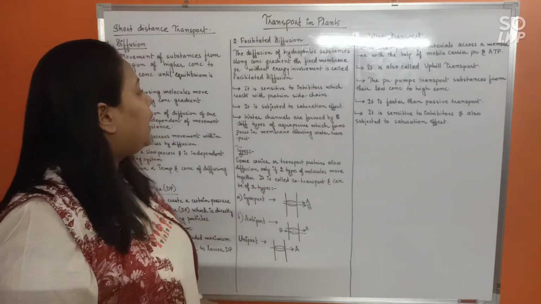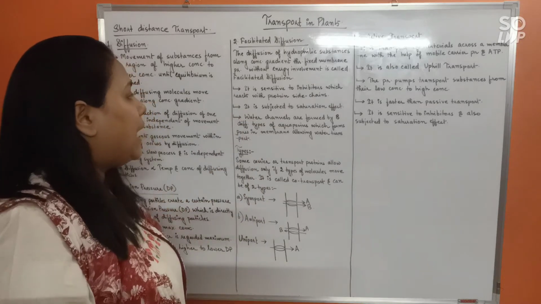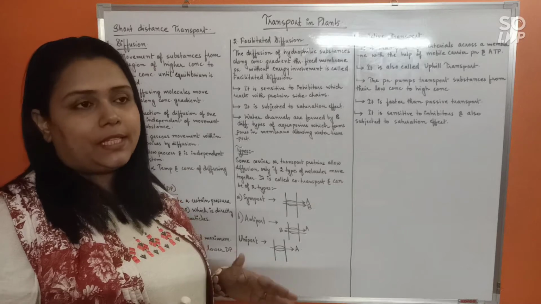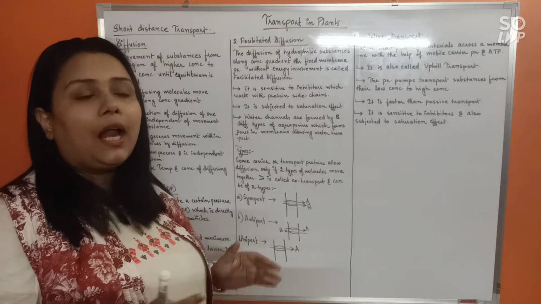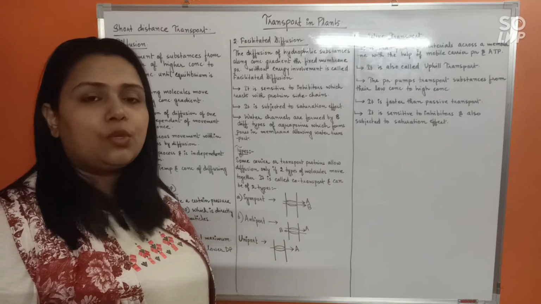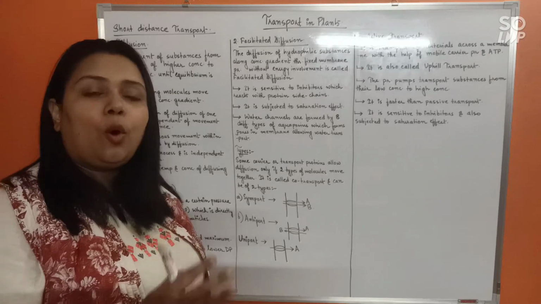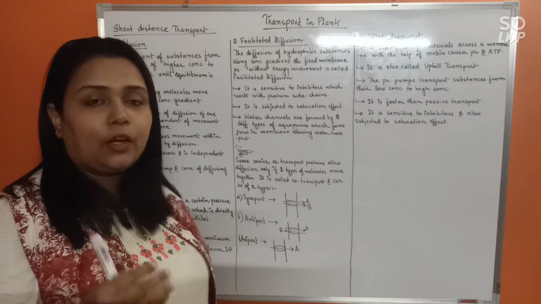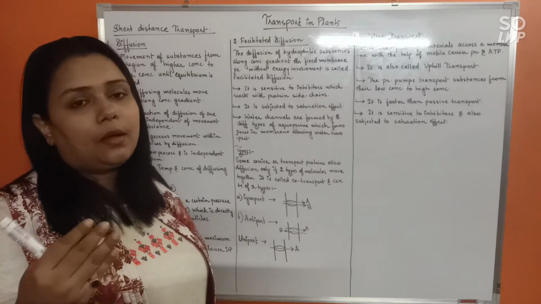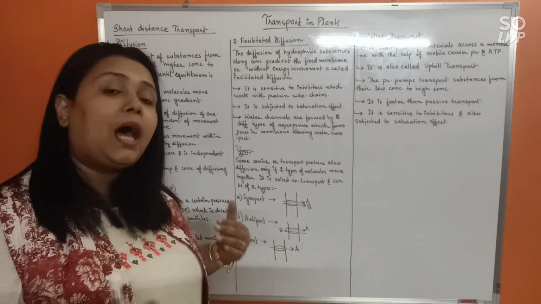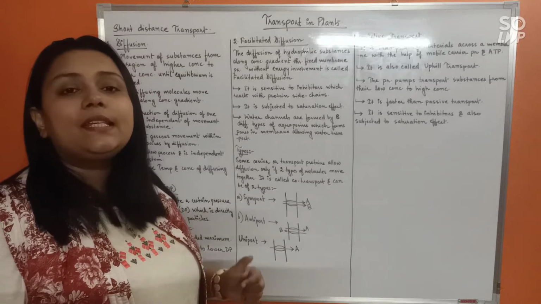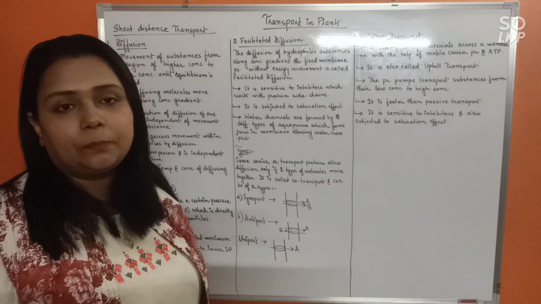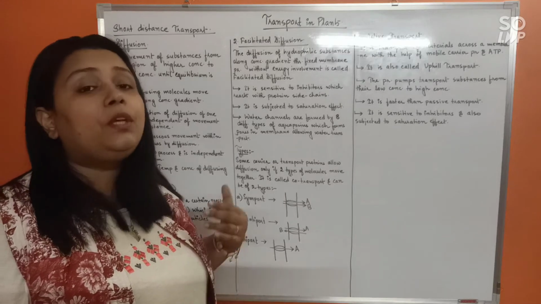Now, it is also subjected to saturation effect. Suppose in a particular facilitated diffusion there are 100 transport proteins which are participating. When all the 100 proteins are bound to their substrate and all the transport proteins are participating in the process, it is at that time that the rate of facilitated diffusion will become maximum, and it cannot go beyond that.